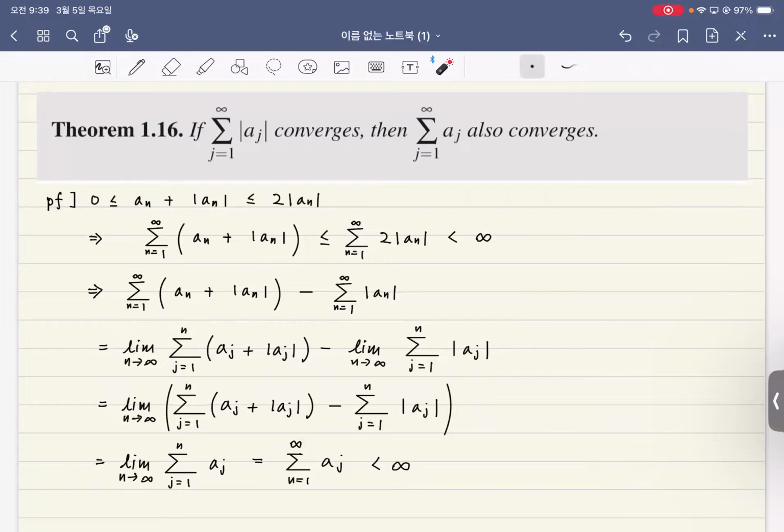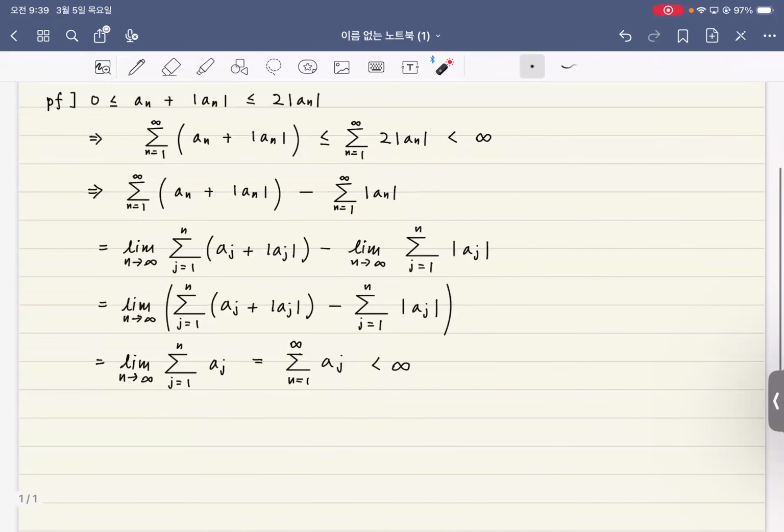So this gives us the basic tool to deal with a series that has both positive and negative terms, such as this one.